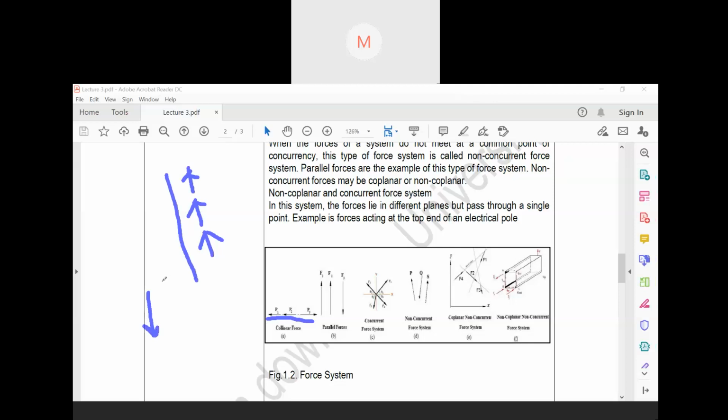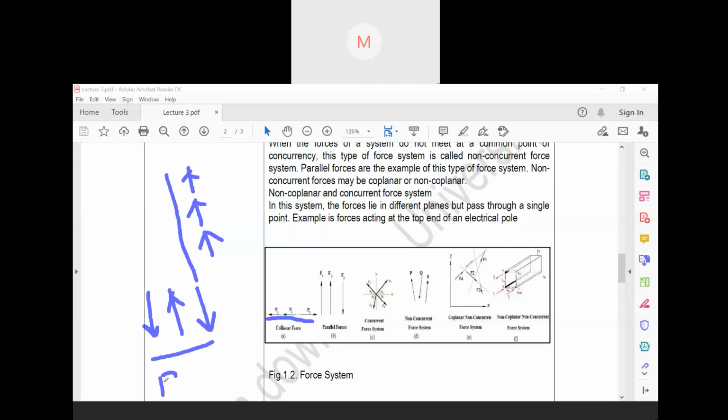Now parallel means what? You know what parallel is. So this one, then this one, and this one. These three are parallel, right?